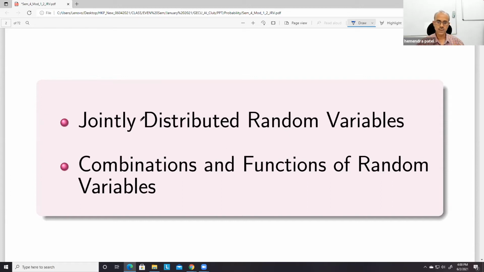So today we'll discuss mostly jointly distributed random variables. In short, we can say joint probability distribution.